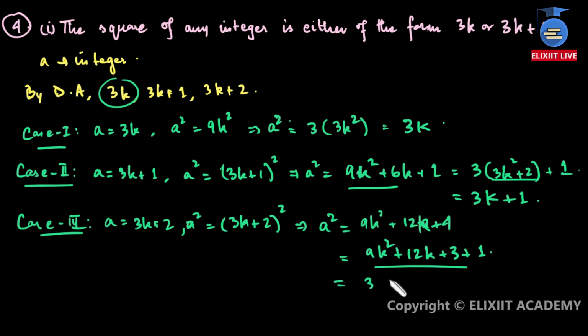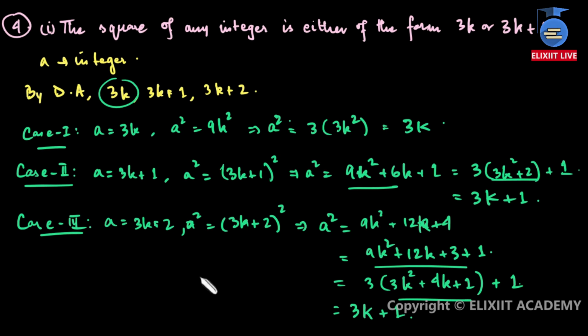Taking 3 common, this is 3 into (3k square plus 4k plus 1), and here we have plus 1. This is once again an integer, so this is again of the form 3k plus 1, where this capital K is 3k square plus 4k plus 1. So it is either of the form 3k or 3k plus 1.